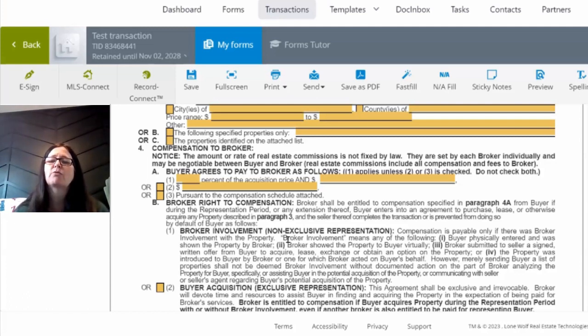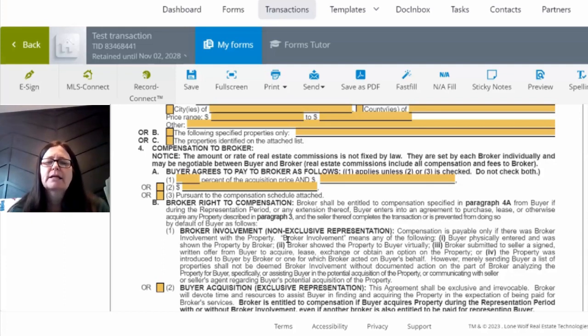At the end of the day, are we really going to pursue a buyer for the commission? And we're in a changing world right now. So what it looks like today as far as compensation might not be what it looks like in the future. And so these are just things to think about, and maybe have discussions with your broker about. I'm not giving you a specific answer here, just kind of giving you some things to think about.